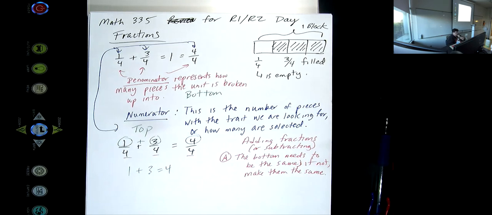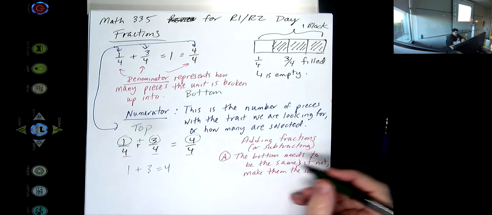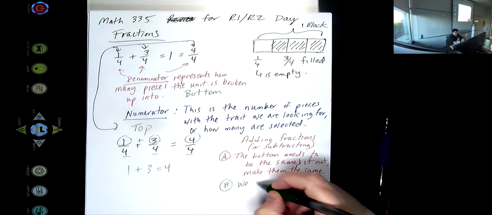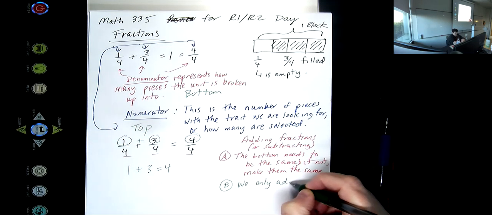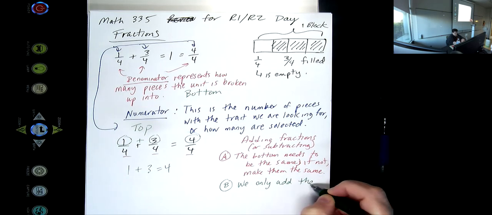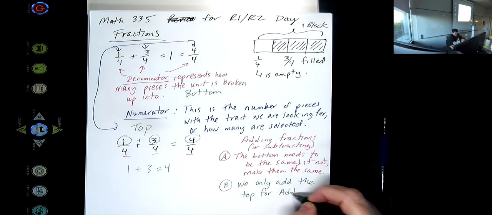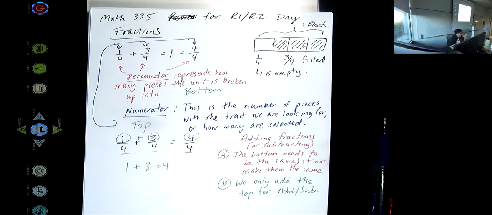So when we're adding fractions, the bottom needs to be the same, and it stays the same. We only add the top. Or add and subtract. Multiplication will be different.